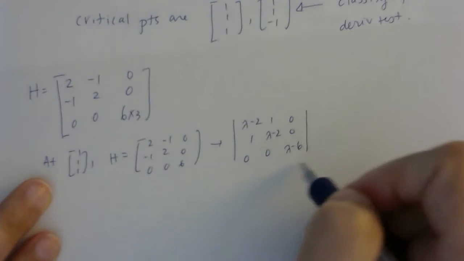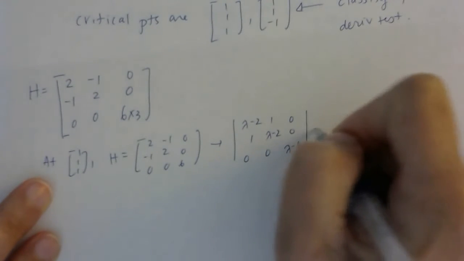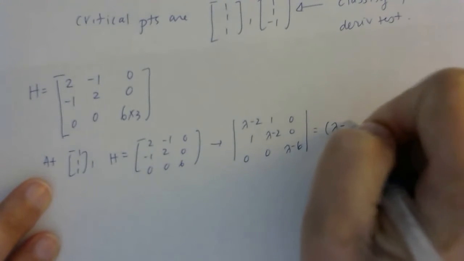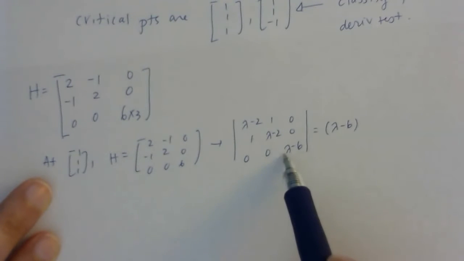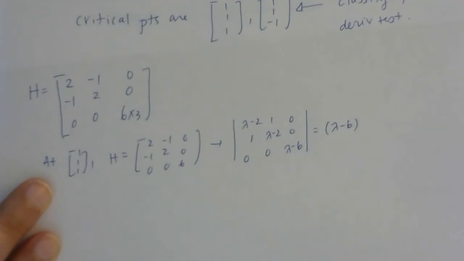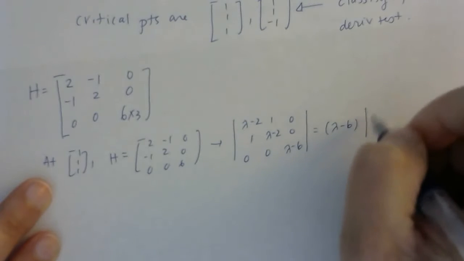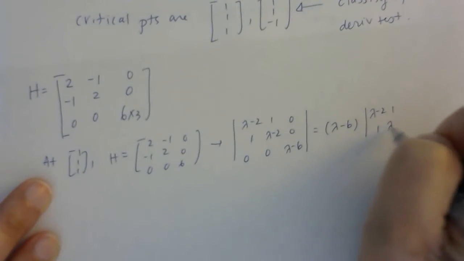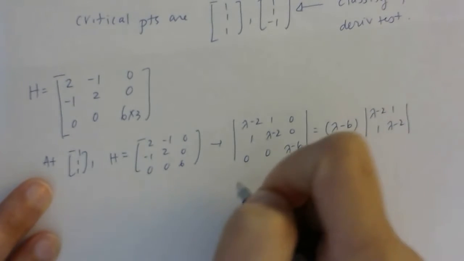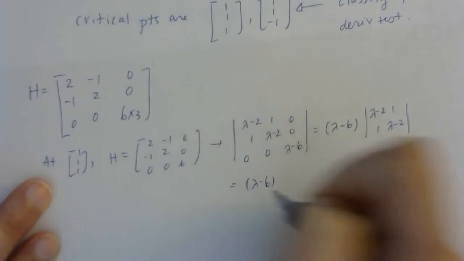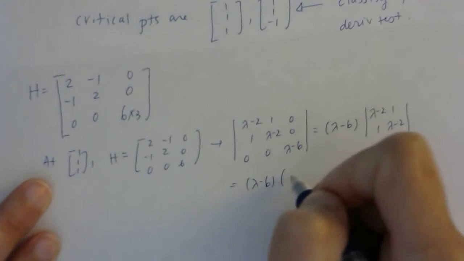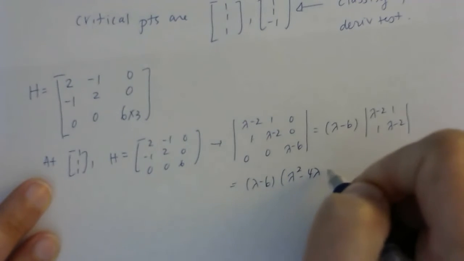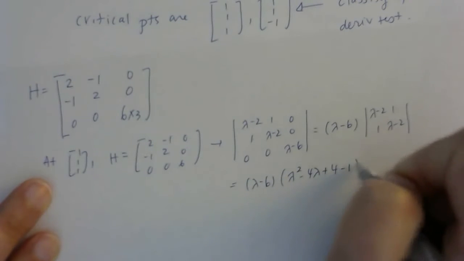I have just this term in the third row and column, so it should be lambda minus 6, although, okay, plus, minus, plus, minus, plus. So it is a plus sign times the determinant of this block here, lambda minus 2, 1, 1, and lambda minus 2. So lambda minus 6 times lambda squared minus 4 lambda plus 4 minus 1.